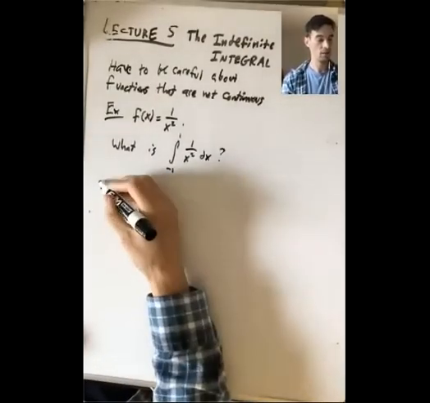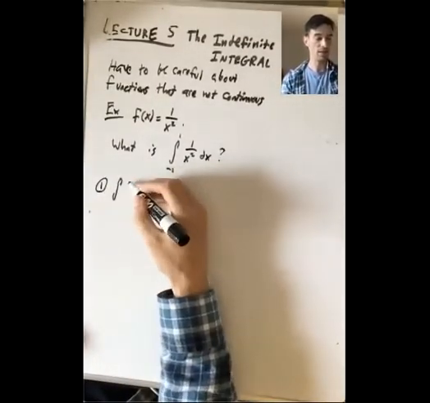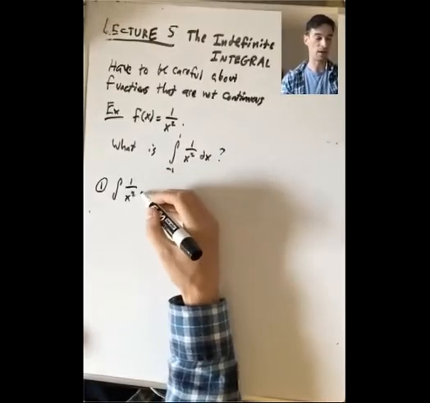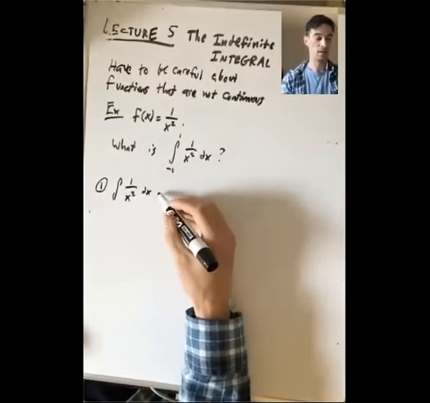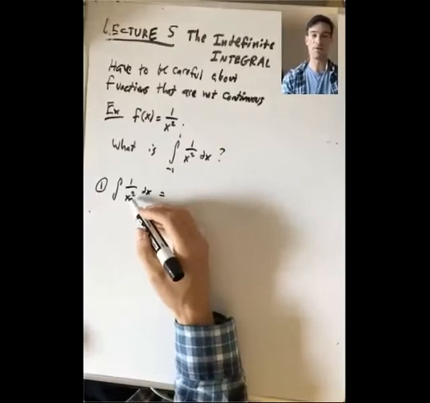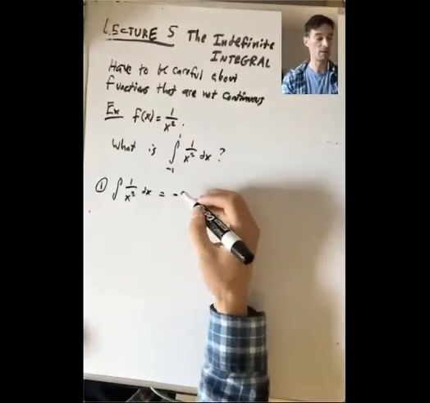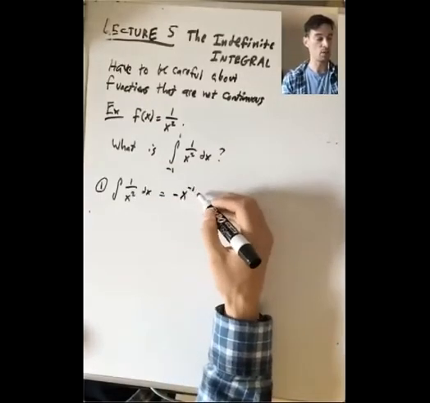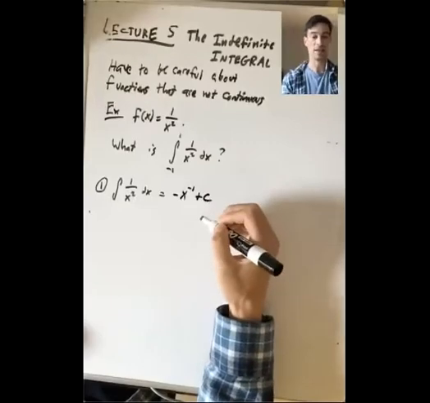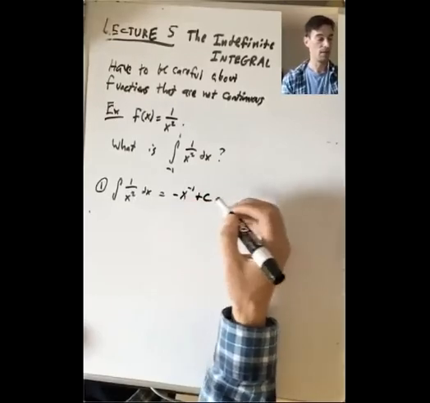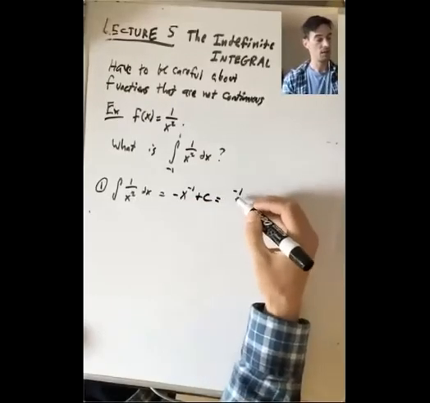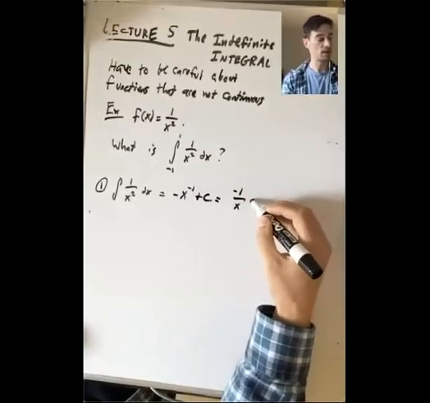Well, what is an indefinite integral of 1 over x squared dx? What's a function whose derivative is x to the -2? Minus x to the -1 plus c is such a function. Or maybe a little nicer to write it as -1 over x plus c.